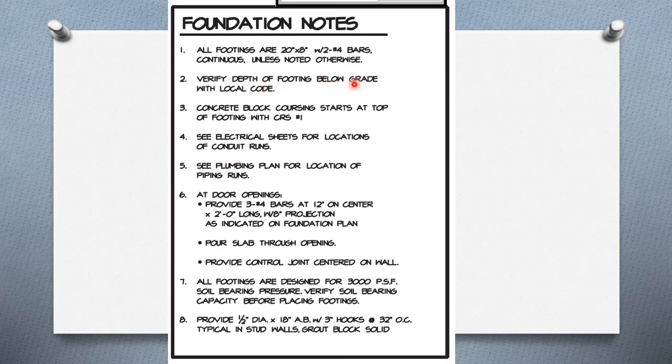Verify the depth of the footing below grade with local code. There's something called the frost line. Above the frost line, the ground has the ability to freeze. And when it freezes, it expands and it's going to move a foundation. So you want to build below the frost line so that there is no movement.